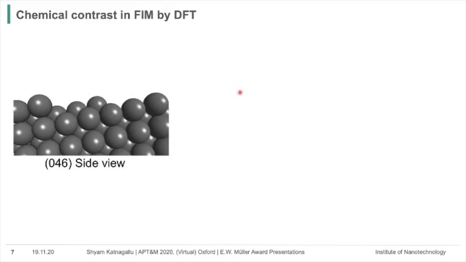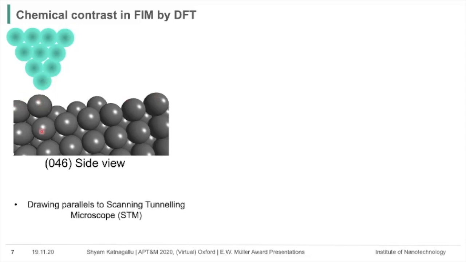And on this terrace, drawing parallels with scanning tunneling microscopy, wherein you are estimating the tunneling currents on top of the surface of your specimen, usually this is approximated using the Tersoff-Hamann approximation. That is, the tunneling current from the tip to your sample in STM is approximated to be proportional to the local density of states on your surface.